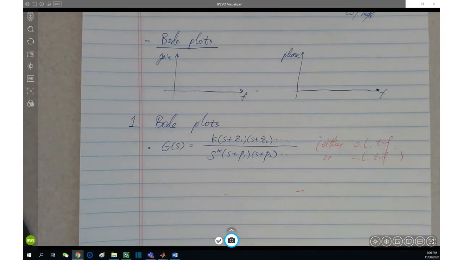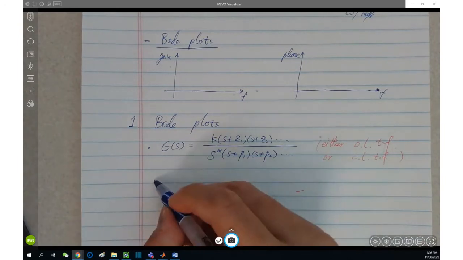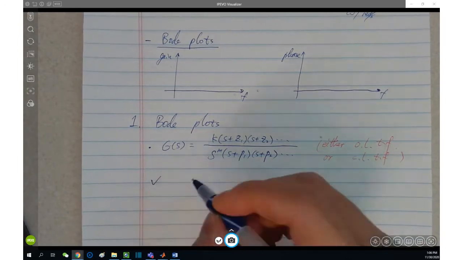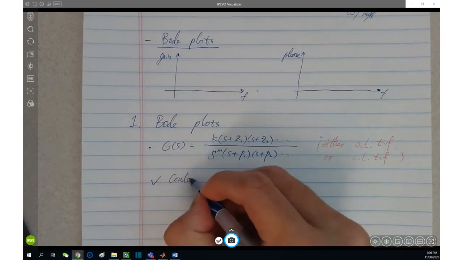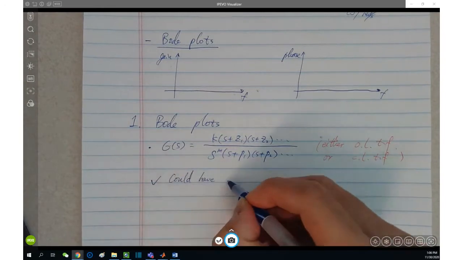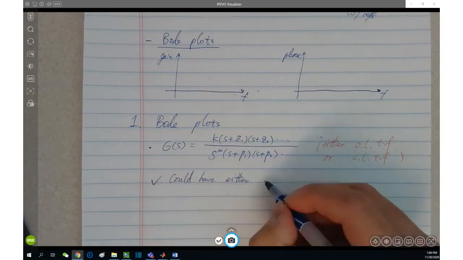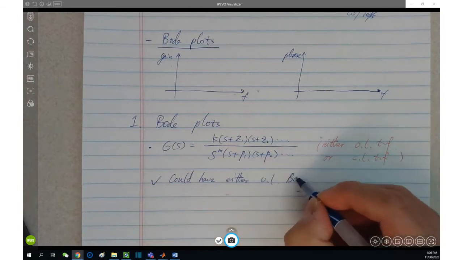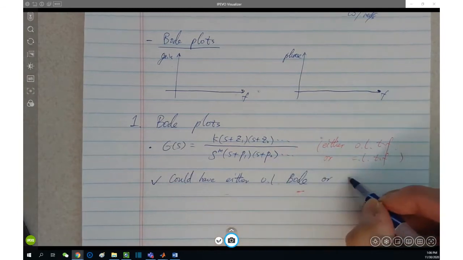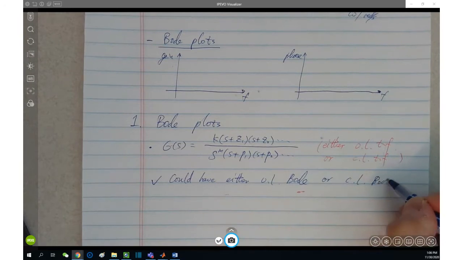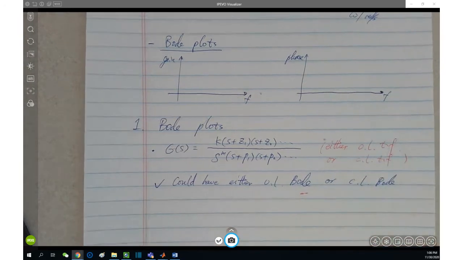We can correspondingly generate the open loop Bode plots and closed loop Bode plots, respectively. So the first thing you need to understand is that we could have either open loop Bode or closed loop Bode, based on different transfer functions.